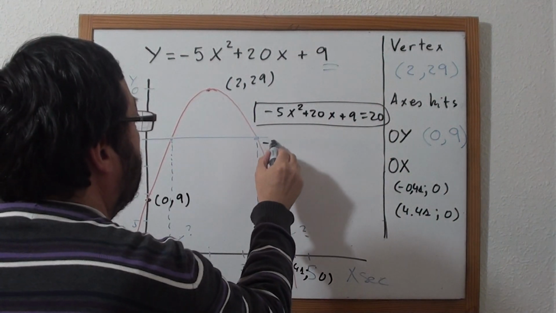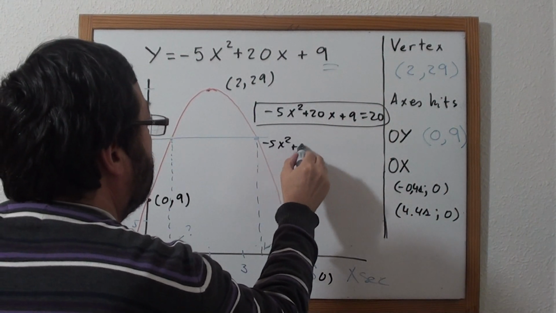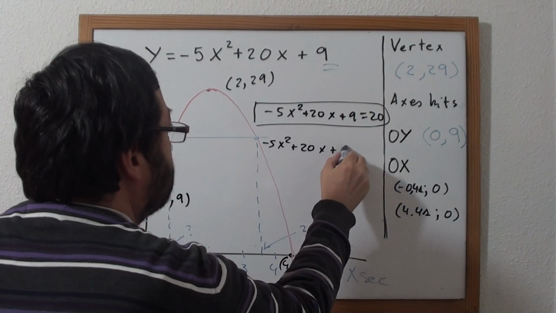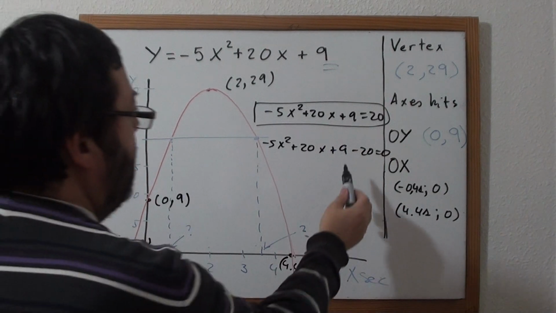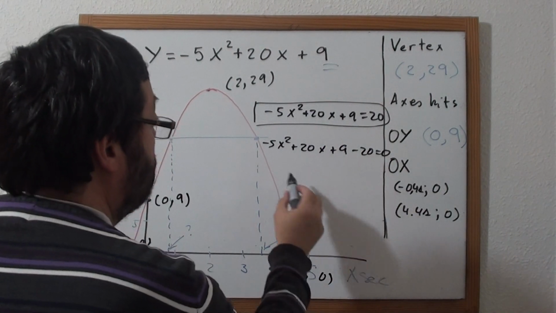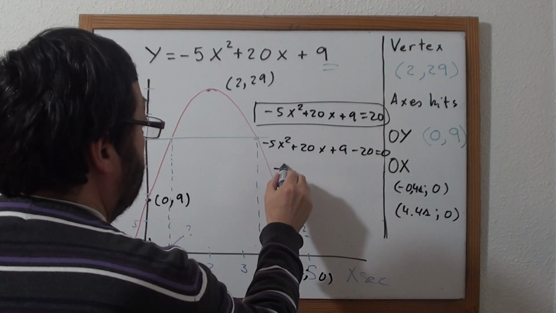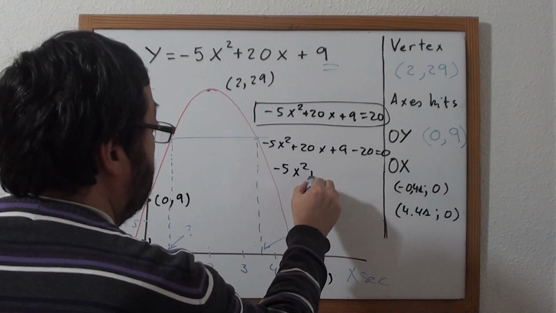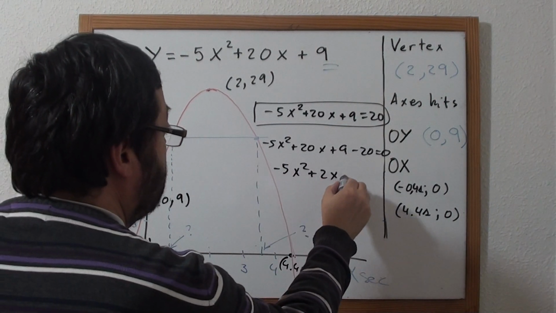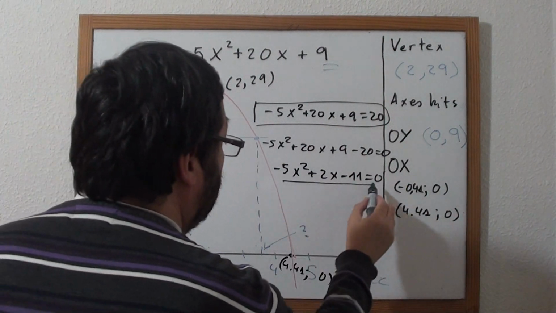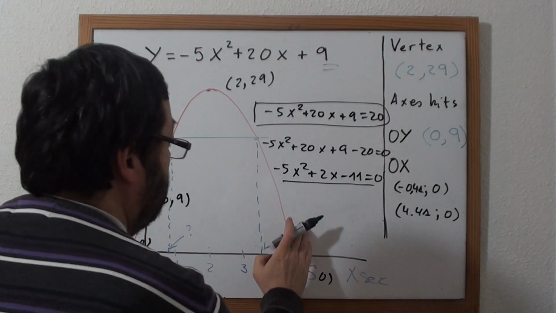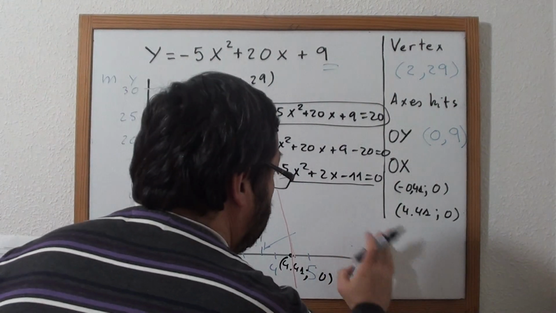So it would be minus 5x squared plus 20x plus 9 minus 20 equals 0. Let's do this 9 minus 20, and that would be minus 5x squared plus 20x minus 11 equals 0, and let's solve that equation.